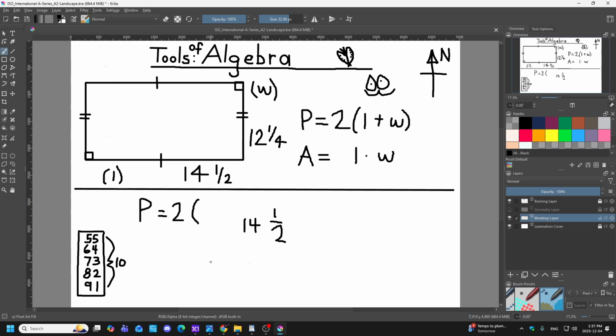That's 14 doubled is 28, 29/2, plus 12 1/4. That's 8, 48, 49. Hopefully I mathed that in my head properly.